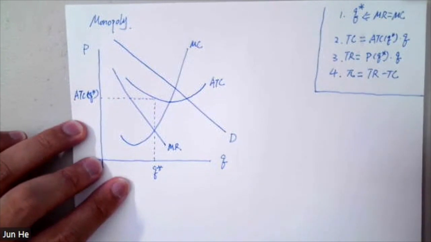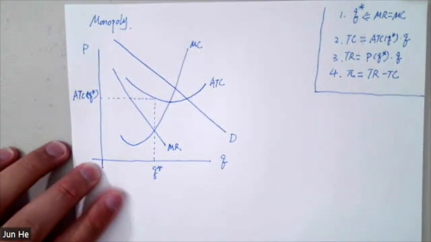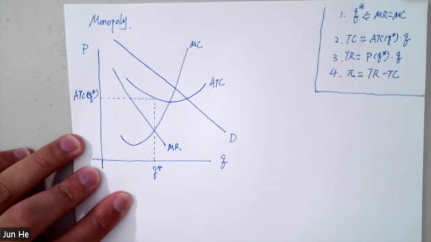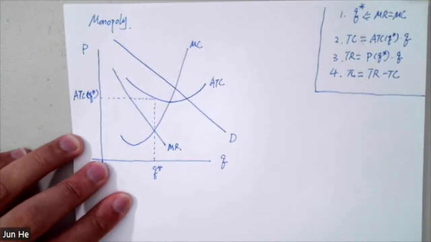Giving you one example, say those oil producing companies, right? They are releasing a certain amount of crude oil to the market. So as a consequence, we have a different oil price, gas price each day.